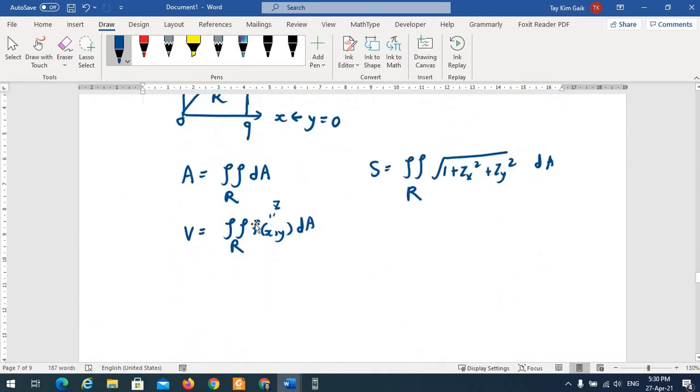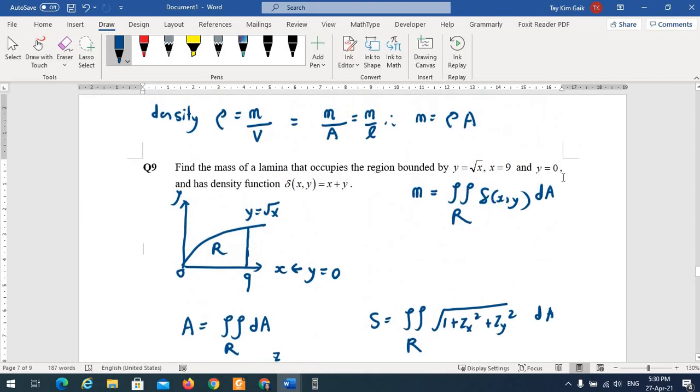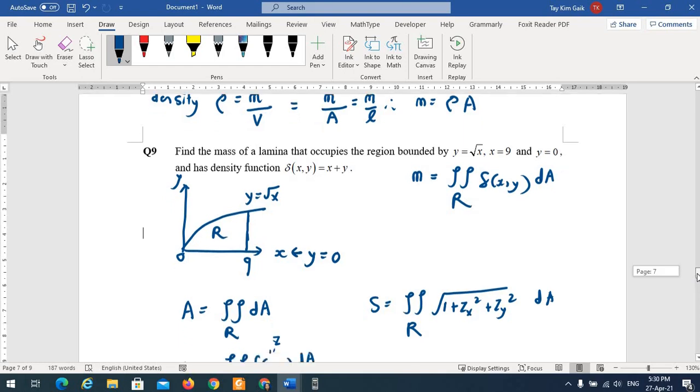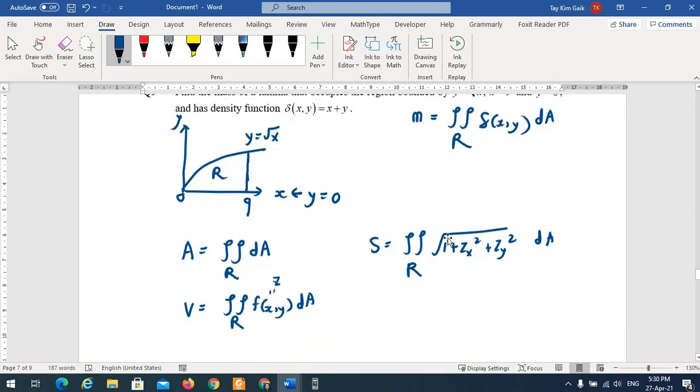So this is the area, this is the volume, this is the surface area, and this is the mass of a lamina in 2 dimensions. In the project, you have all kinds of applications. It's only the integrand that changes. In the module you will have moment of inertia, center of mass, centroid, all kinds of applications in the projects.